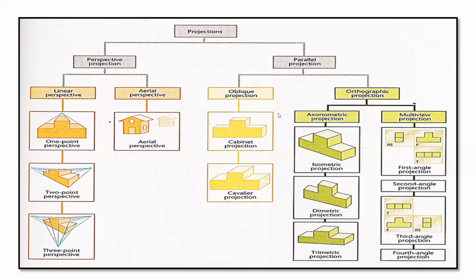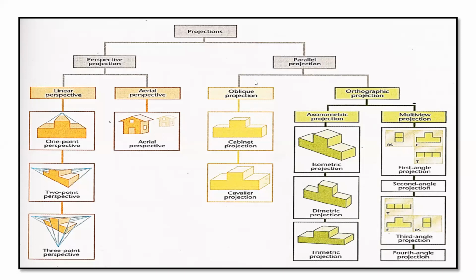In oblique projection, you can see here, we get the three-dimensional image of the given object on the screen. That means after projection, we get a three-dimensional image. This is called pictorial projection. In orthographic projection, we have two types: one is axonometric projection and the second is multi-view projection.